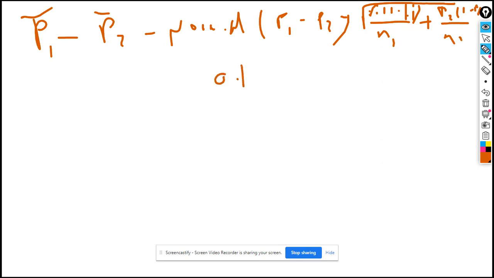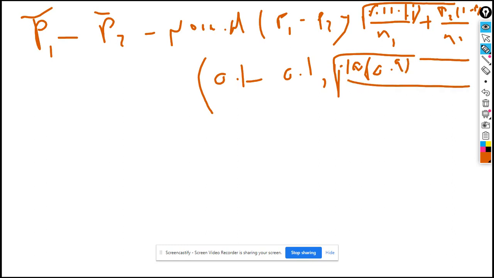So 0.1 minus 0.1, and here the square root of 0.1 multiplying by 0.9, 1 minus 0.1, divided by 80, plus 0.1, sorry, times 0.9 divided by 100.